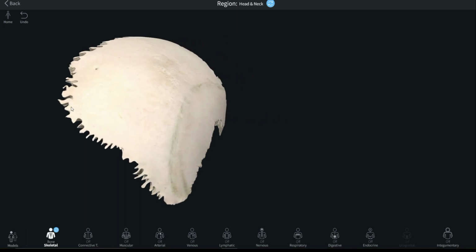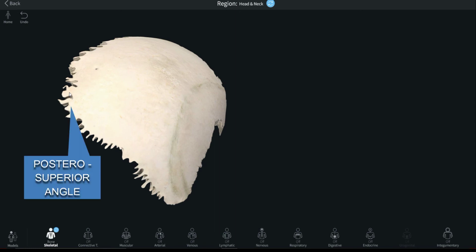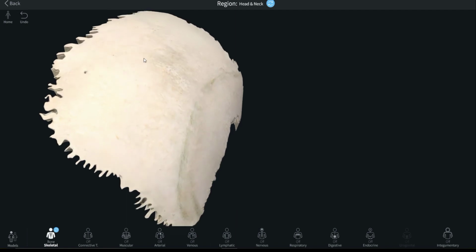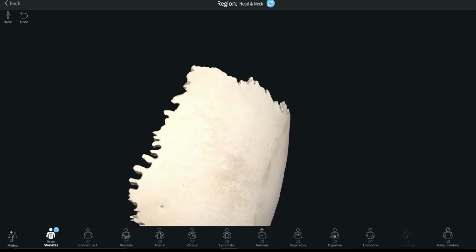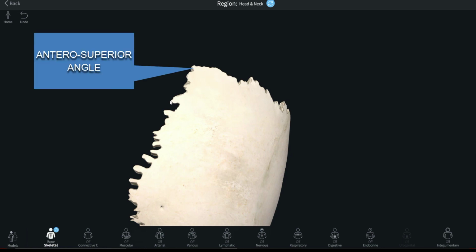Whereas this angle here is the meeting point between the superior and the posterior borders. So it is the postero-superior angle. And the other remaining one, let me get you a better view. This is the other remaining angle. This is the junction between the anterior and the superior. So the antero-superior angle, right?